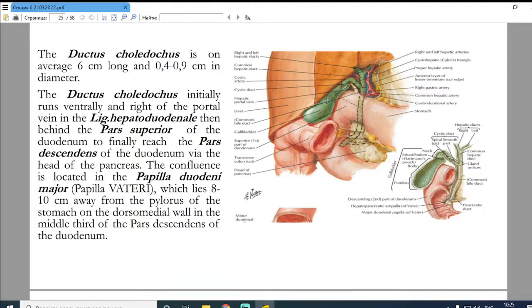which lies 8-10 cm away from the pylorus of the stomach, on the dorsomedial wall in the middle third of the pars descendens of the duodenum.